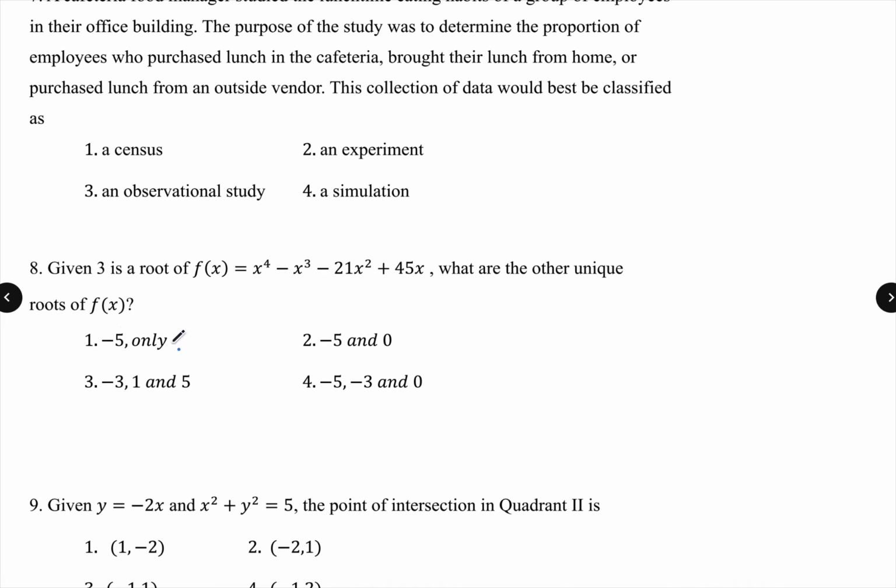The reason it's saying unique root is because technically, if I draw this really quickly, you got 0, got 1, 2, 3, 1, 2, 3, 4.